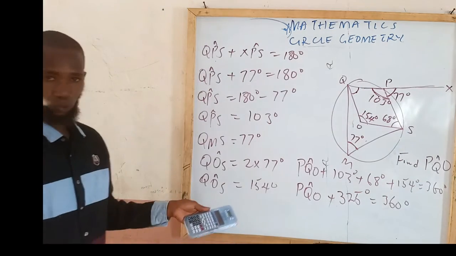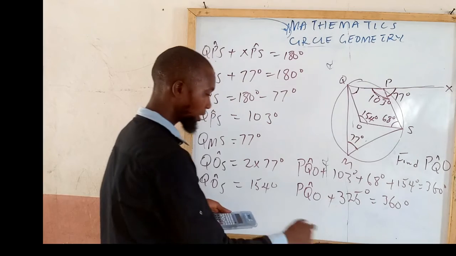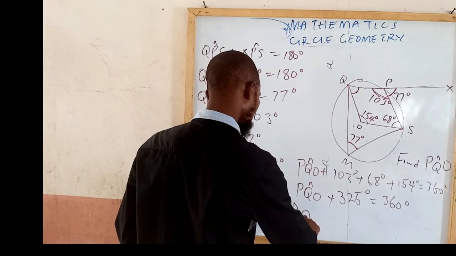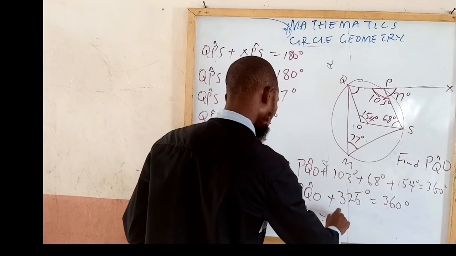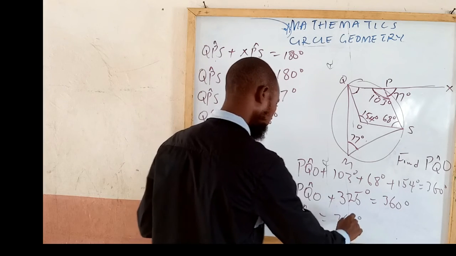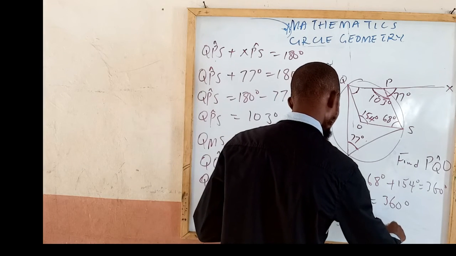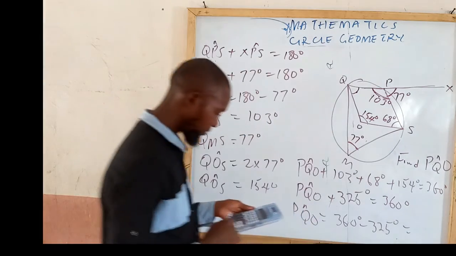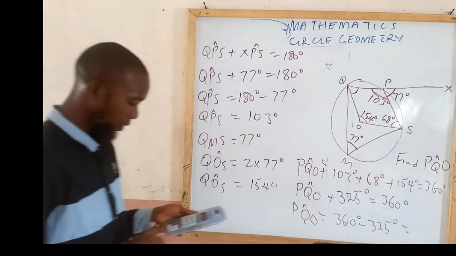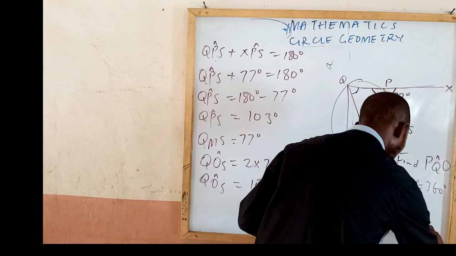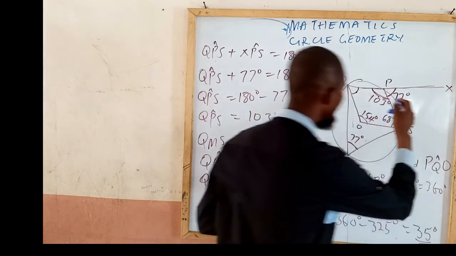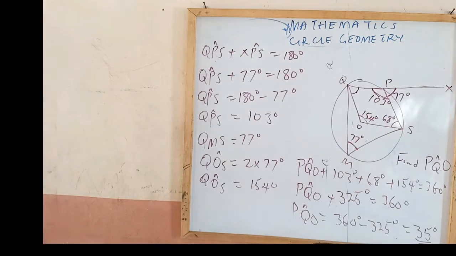I hope it is clear this way. So to get PQO, we collect the right side by saying PQO is equal to 360 degrees minus 325 degrees. That gives the value of 35 degrees. So that is the requirement of this question: the PQO which we have to find here has the value of 35 degrees.